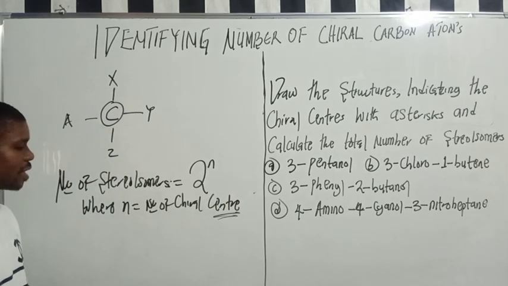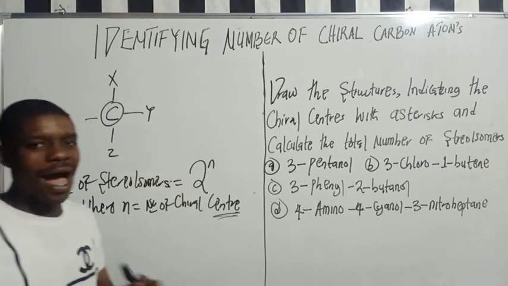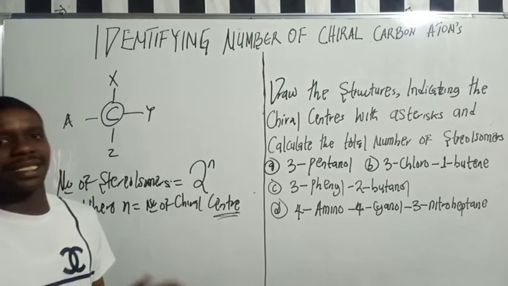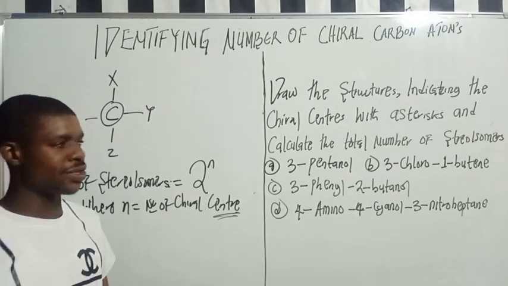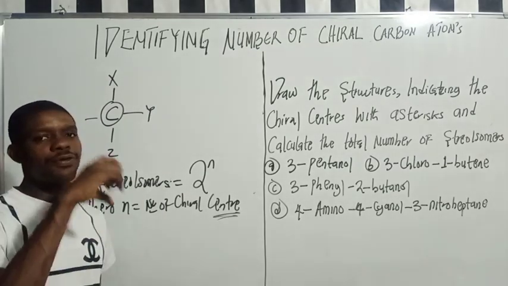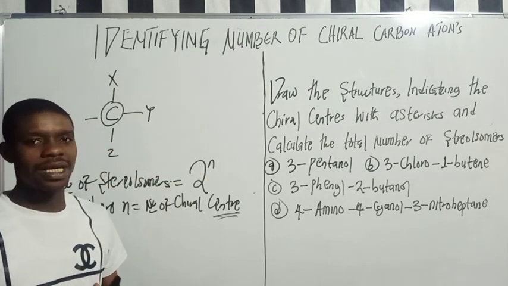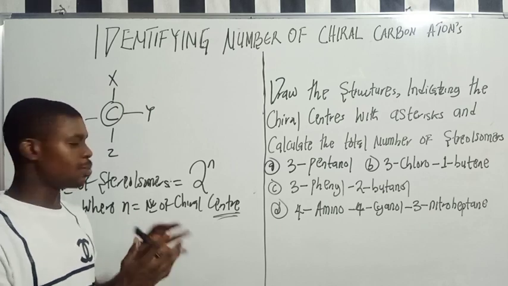It's very important to know this. So when a carbon has 4 different groups, it is a chiral carbon, chiral center, stereo center or asymmetric center. For that number of chiral carbons, you know the number of stereoisomers a molecule will have.